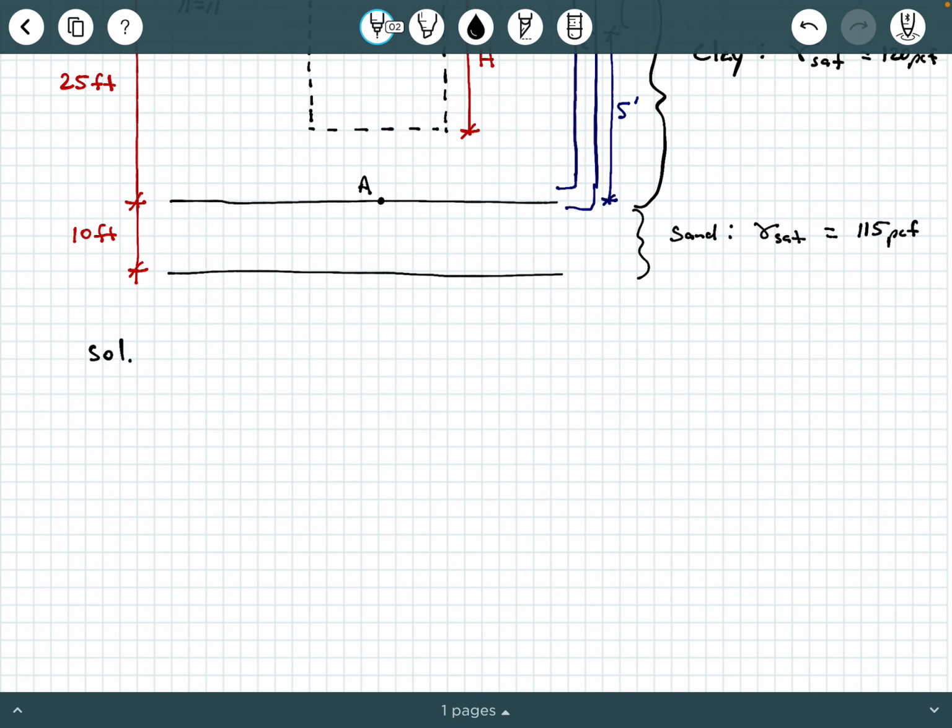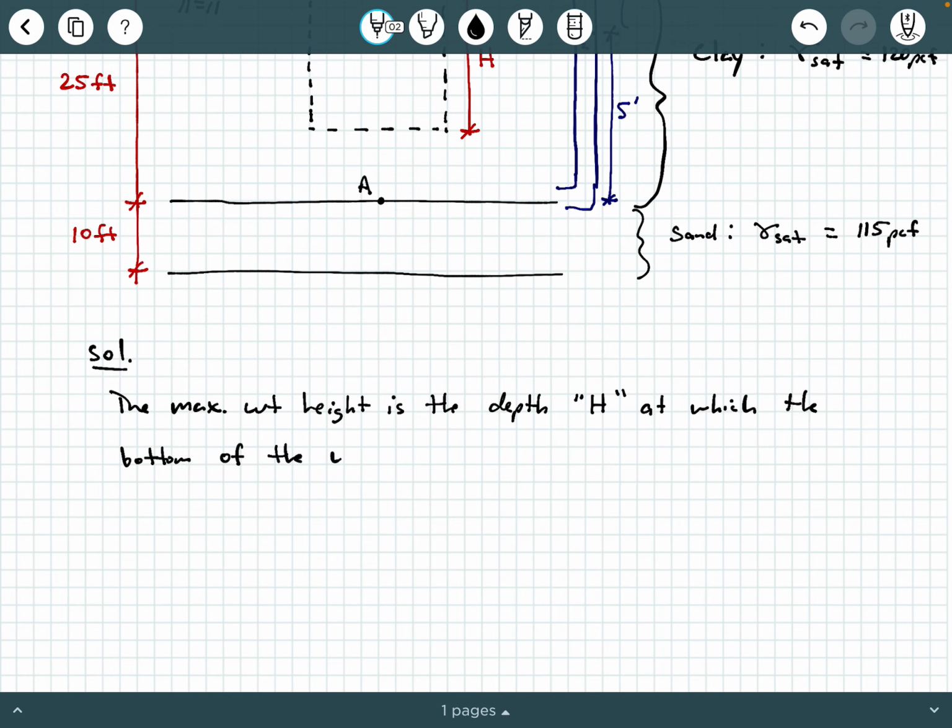Well, under solution, we're going to make a note of this. We're going to say the maximum cut height is the depth H at which the bottom of the cut will heave, okay?